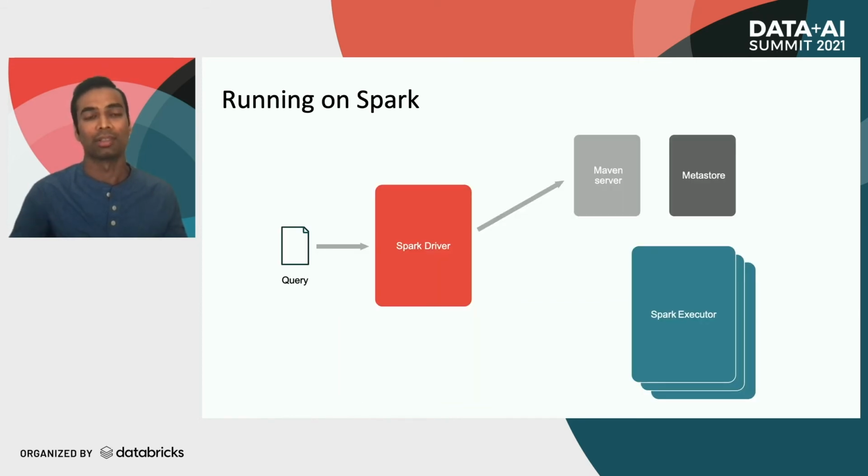After the Spark driver gets this metadata, the next thing it will do is fetch the logic for this UDF. So it talks to the V1 server and fetches the code for this portable function. After it gets it, it will do some basic checks on it. A simple check would be, does the jar even have the class that we want or not? After it does all these checks, it will ship this jar to all the Spark executors and begin the query execution.